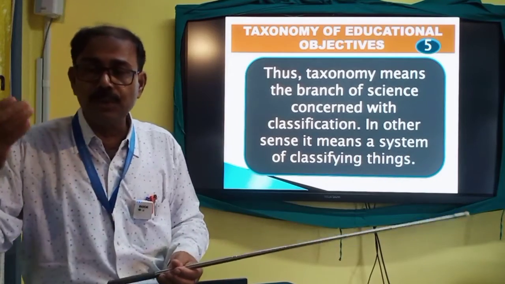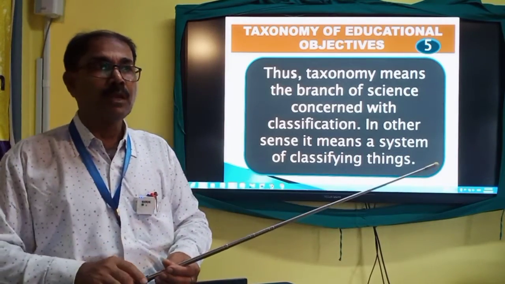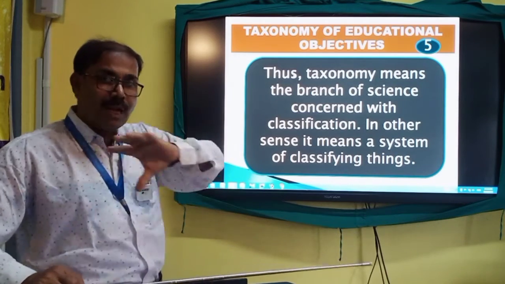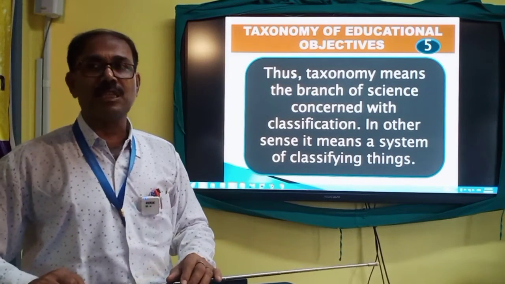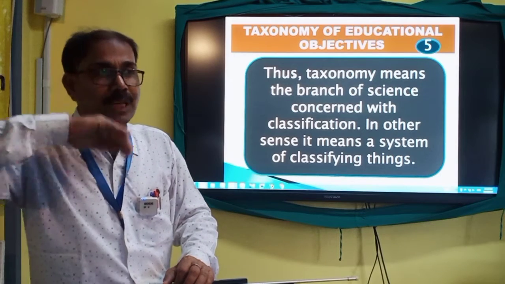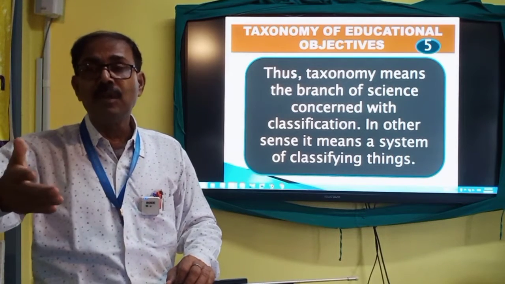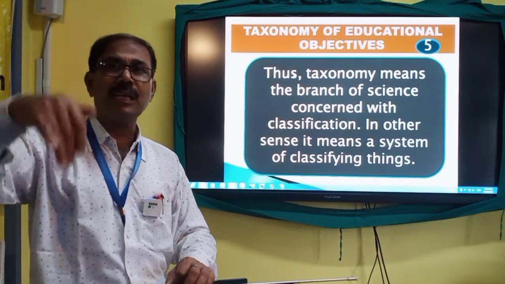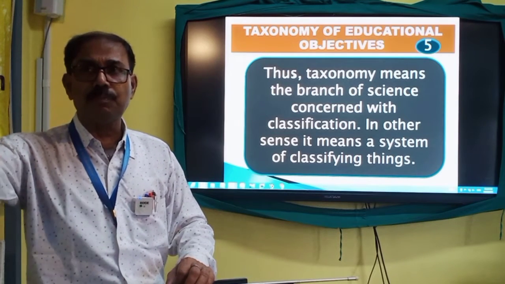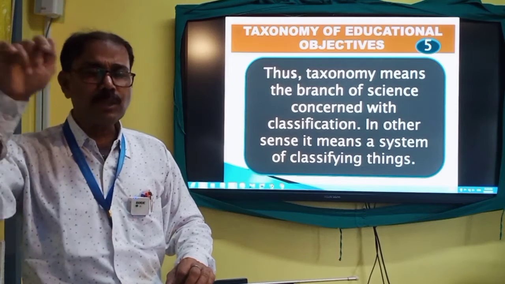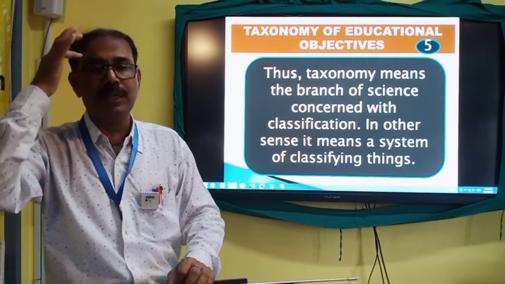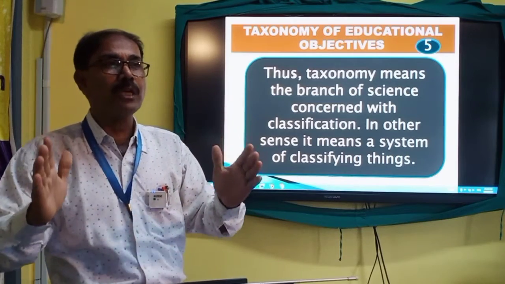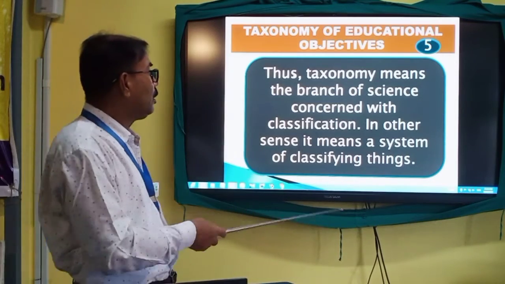In the field of education, this term is very important for the classification of various objectives which are to be practically realized with the help of teaching, or transacting various information in different units of teaching, for helping students to develop their behavioral pattern in the three domains: cognitive, affective or psychomotor. Let us see the next slide.